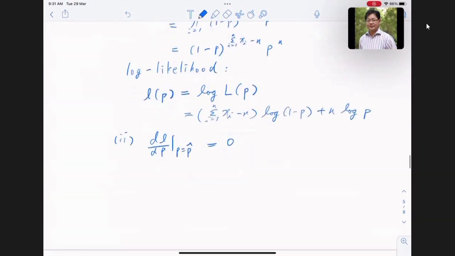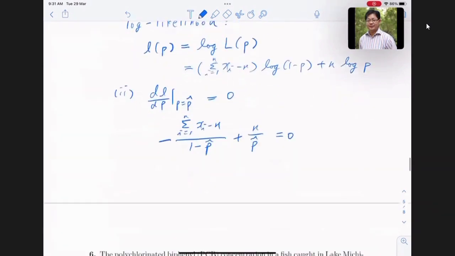This is how we can find the maximum point or minimum point using calculus. So we differentiate the log likelihood function with respect to p and set up this equation. Notice that when we differentiate this with respect to p, we have a negative sign here.